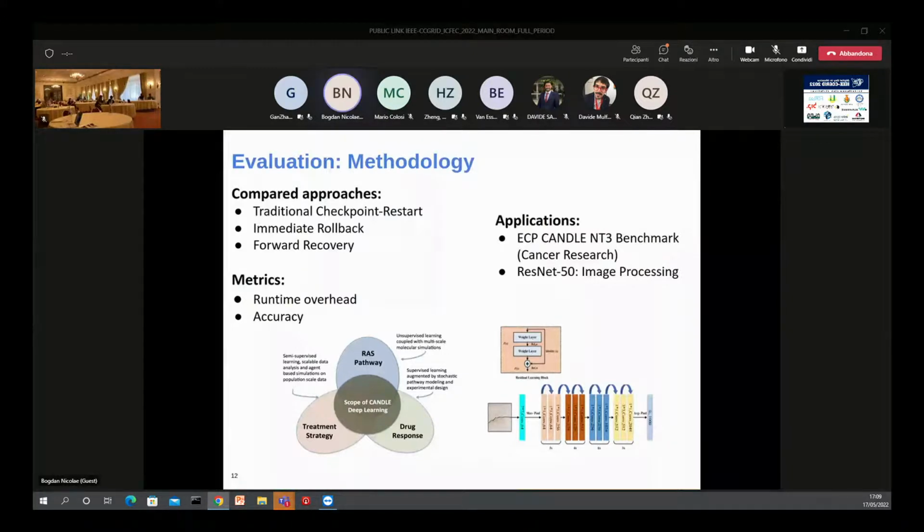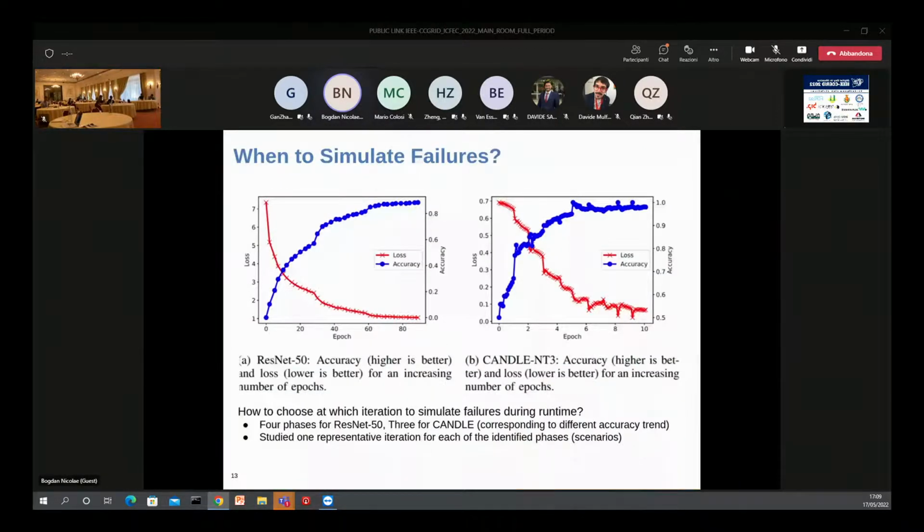Now a key question is, since the training takes a long time, maybe during training there will be different patterns. Then the impact of failures will be different at different moments during training. So how do we select the moment when to simulate failures? For this, we studied the evolution of the accuracy and the loss for the two applications, and then we identified the different phases.